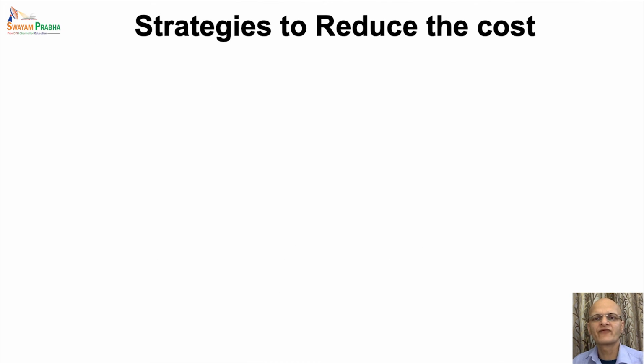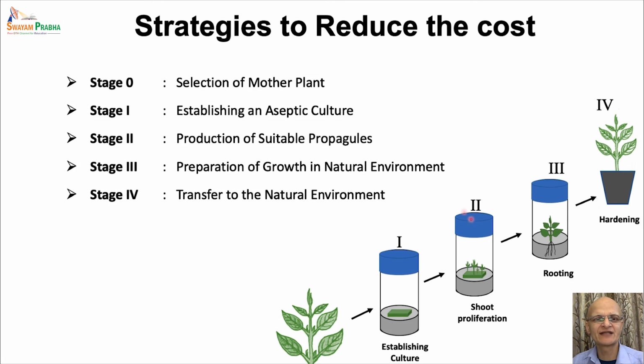So by now we have understood the various steps of micropropagation, right from the first step of selection of the mother plant, media preparation, sterilization, initiating the aseptic culture, multiplication of the propagules, and finally transfer of these plantlets to the natural environment. Each and every stage has its own requirement depending upon what kind of responses we need to initiate during these different stages.